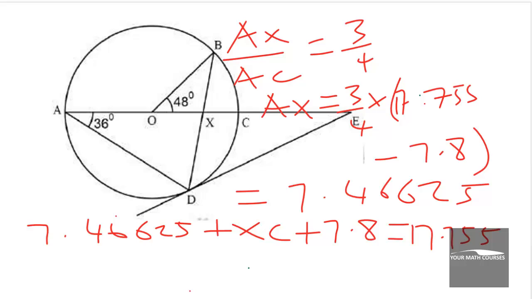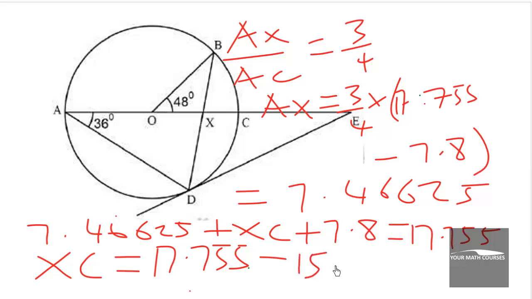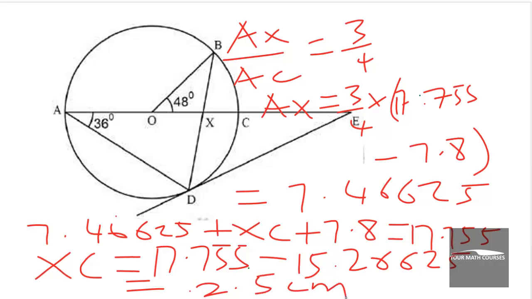So XC will be equal to 17.755 minus 15.26625. And this will simplify to 2.48825, which is 2.5 centimeters to one decimal place.